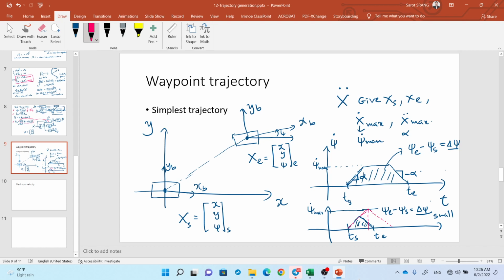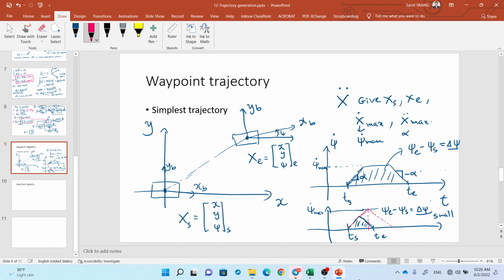Acceleration equation: psi dot equals alpha times t, right? But here t is actually t minus ts, don't forget. Or you can choose tau as the time instead of this. So you can just say alpha times tau.